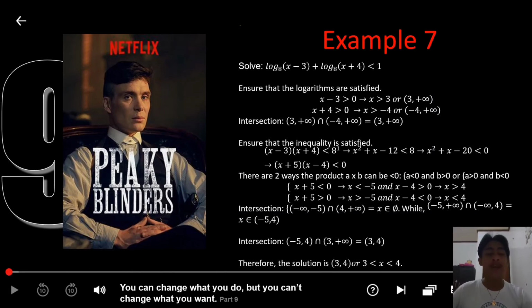The intersection of negative infinity to negative 5 with 4 to positive infinity is the empty set, while negative 5 to positive infinity intersected with negative infinity to 4 gives x belongs to the interval negative 5 to 4. The intersection of negative 5 to 4 with 3 to positive infinity is 3 to 4. Therefore, the solution is the interval 3 to 4, or 3 less than x less than 4.